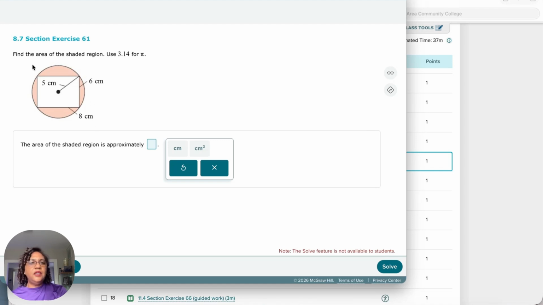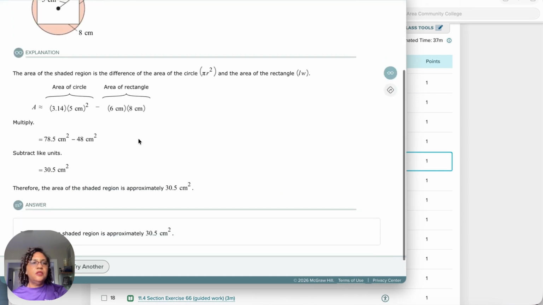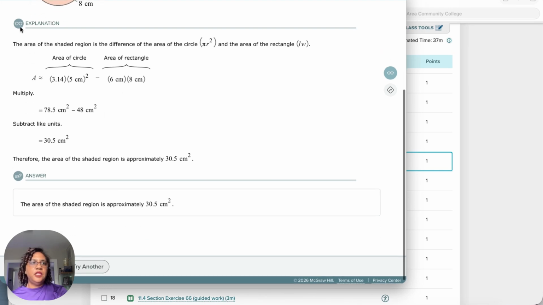So you need to find the area of the circle, and then you need to find the area of the rectangle, which is 48, and subtract it. That's all you need to do. Explanation. So here's the area of the circle, the area of the rectangle, subtract it. Nothing to it.